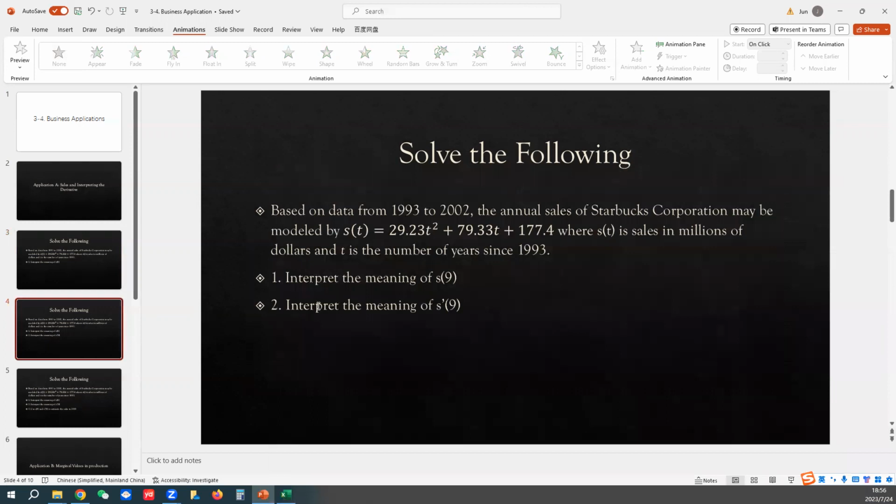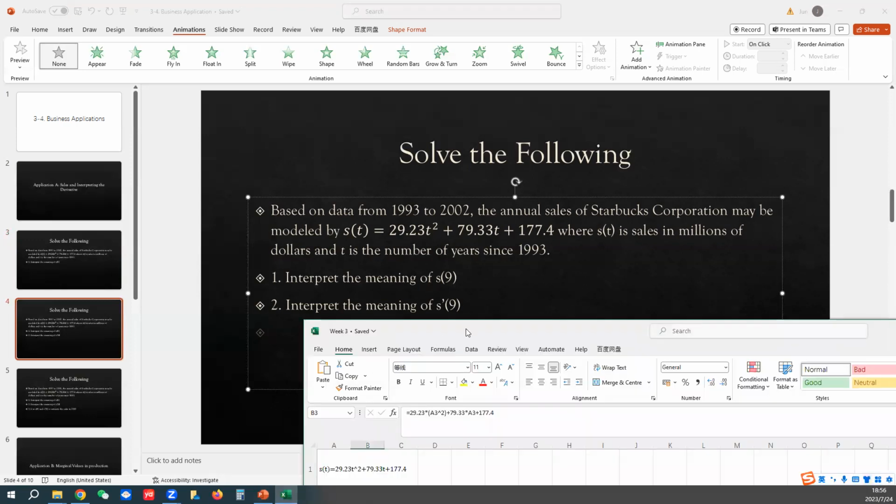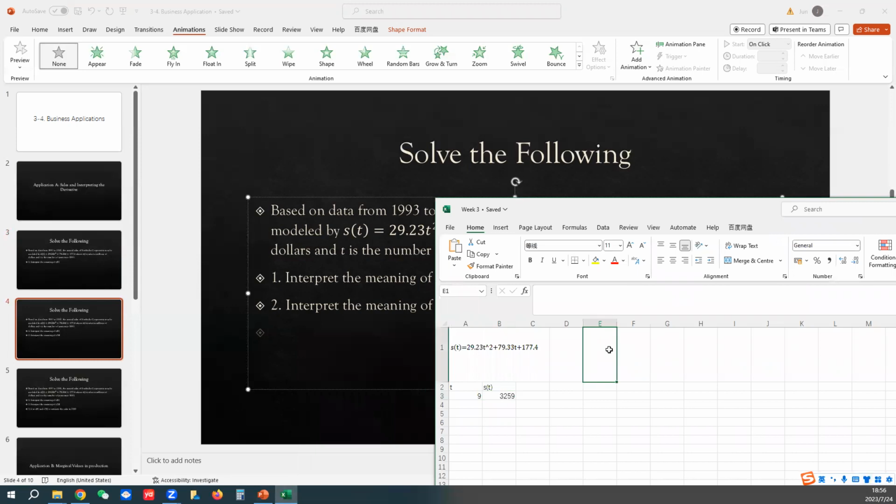So that's question 1. And interpret the meaning of S prime 9. First we need to derive this. The derivative is not difficult to calculate. I'm going to just do it here. S prime of T equals 29.23 multiplied by 2T plus 79.33.